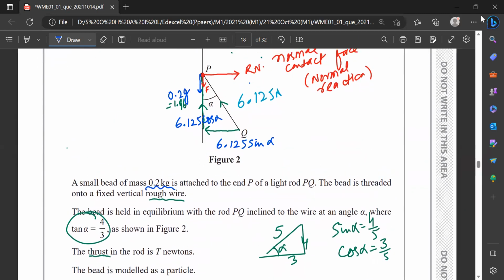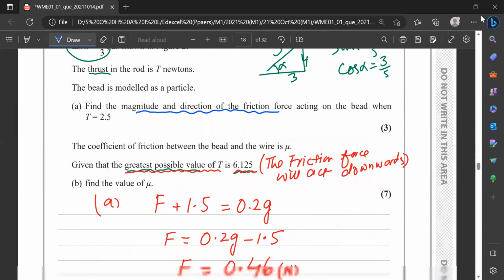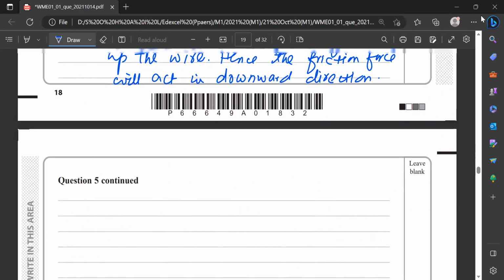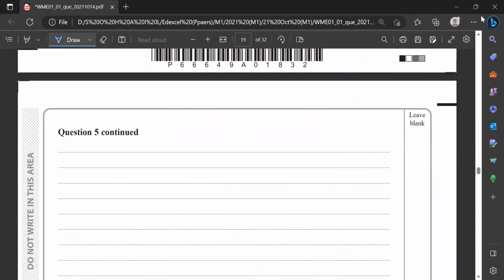So rightward force is equal to leftward, and upward equals downward. Rightward is R, the arrow of R towards right, and 6.125 sine of alpha towards left. So I resolve the forces horizontally and vertically.